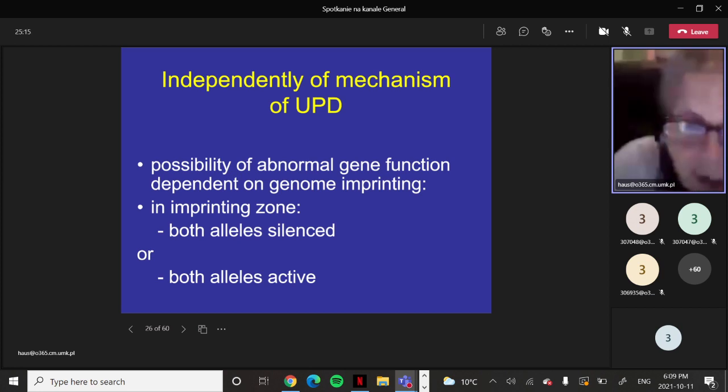Okay, so these two types of uniparental disomy cause the diseases which may result from abnormalities of imprinting, and also because of abnormalities in Mendelian manifesting of recessive traits.